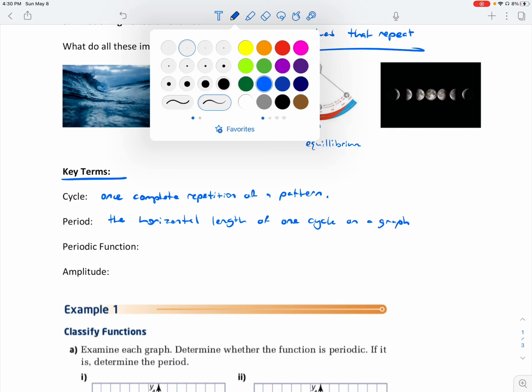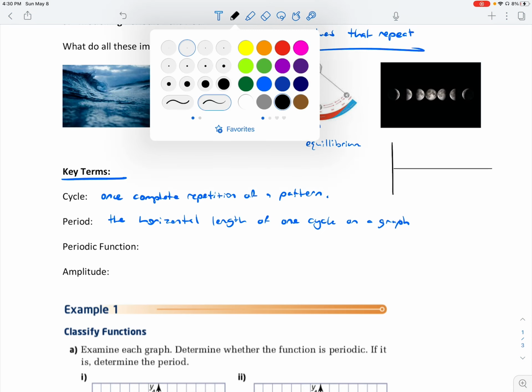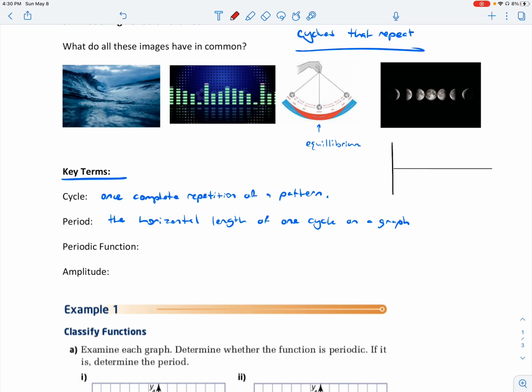All right, so I'm just going to draw a quick graph that has a repeating pattern to it. I'll draw it in red, and let's say it's just straight lines that zigzag across. Actually, I know what I'll do to make this a little bit better. I'll just copy paste this.